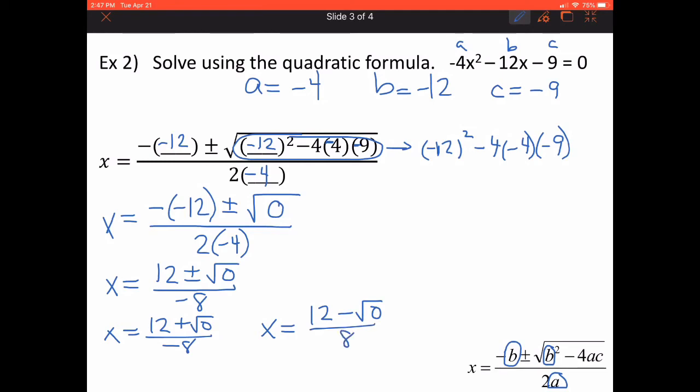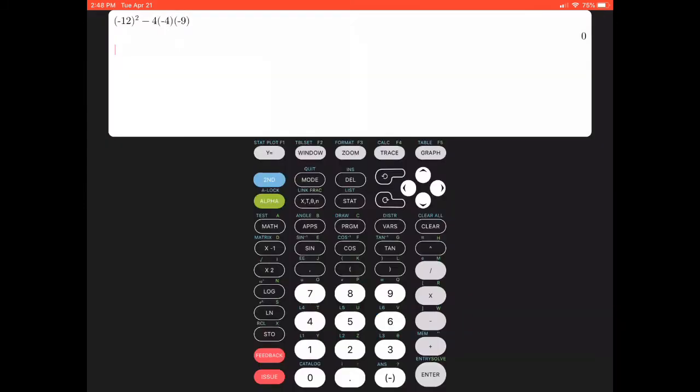And remember, in my calculator, I need to make sure that I hit enter after I add or subtract at the top before I hit divide by -8. So I have 12 plus the square root of 0. I have to hit enter before I can divide by -8.